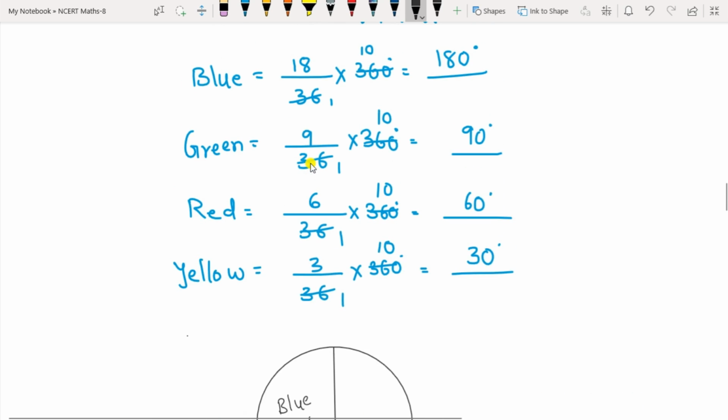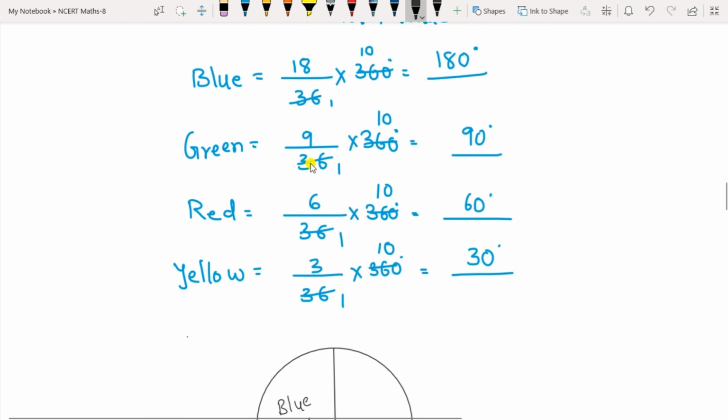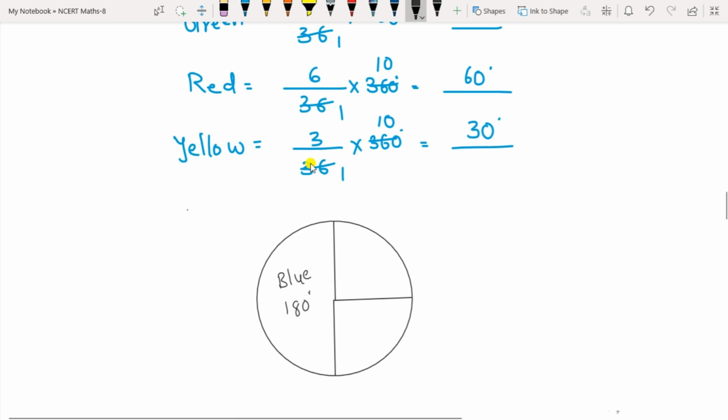Green was 90. The remaining are red and yellow. Now red and yellow are 60 and 30. So I will make an angle of 60 here.